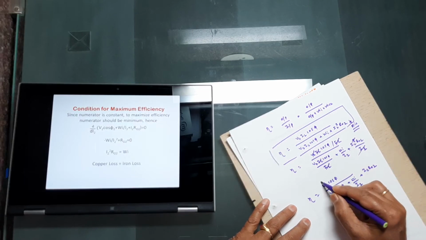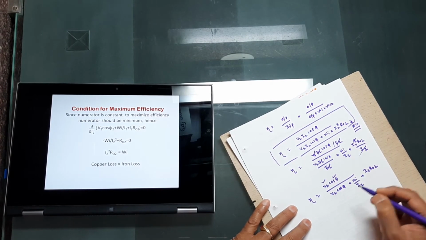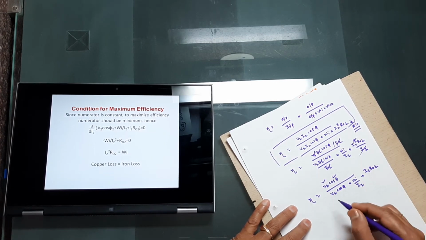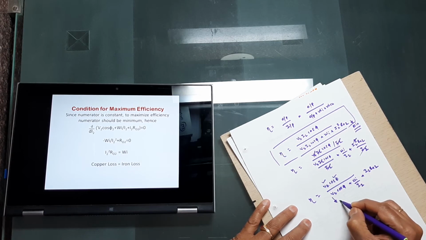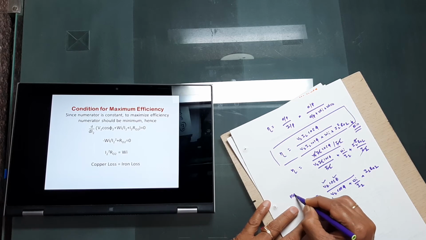The numerator is a constant, because the terminal voltage is constant and the power factor of the load is also constant. The variable term is the denominator. Therefore, if the denominator is minimum, the efficiency will be maximum.